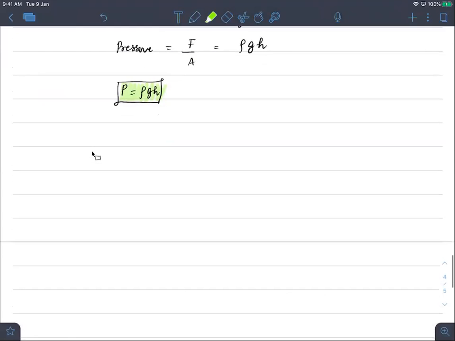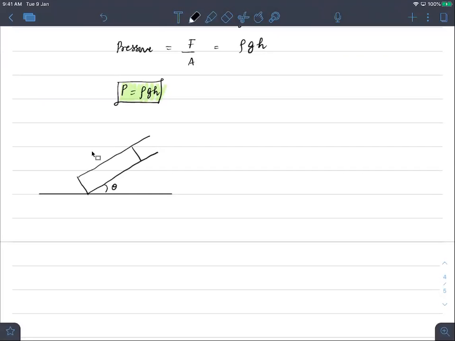Now this was pretty simple. In case you have that column which I kept vertically up, what if the same column is tilted with an angle theta?